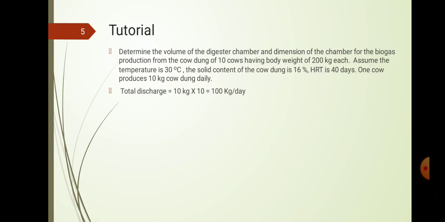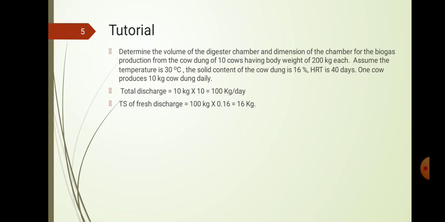That is the total discharge per day. Then the total solid content of fresh charge. We know that 16% of cow dung is solid. So if you take this 100 kilogram, in that only 16 kilogram will be total solid.